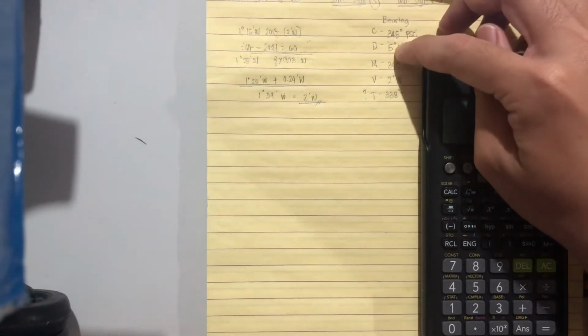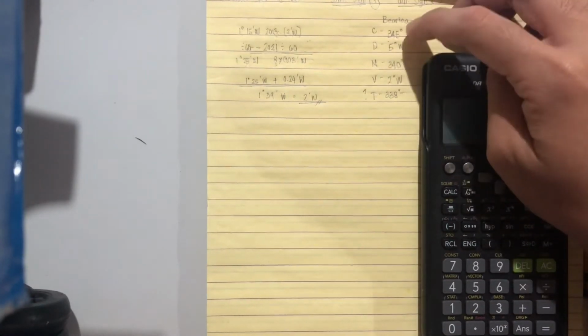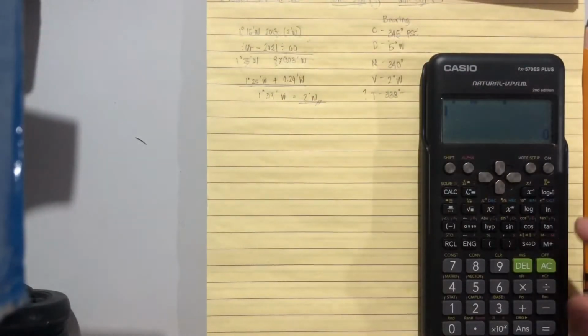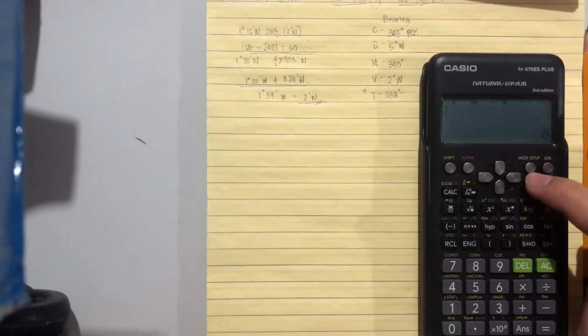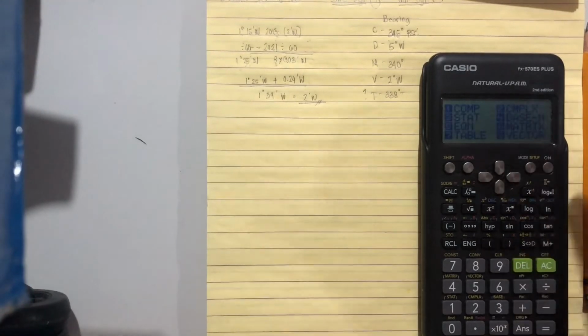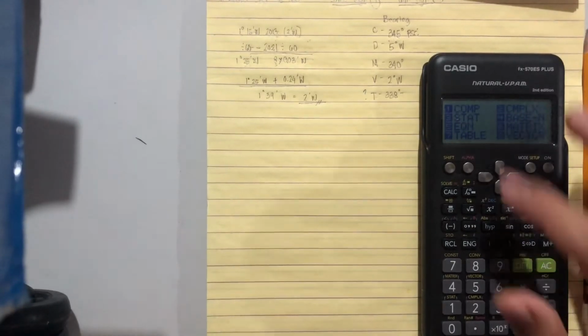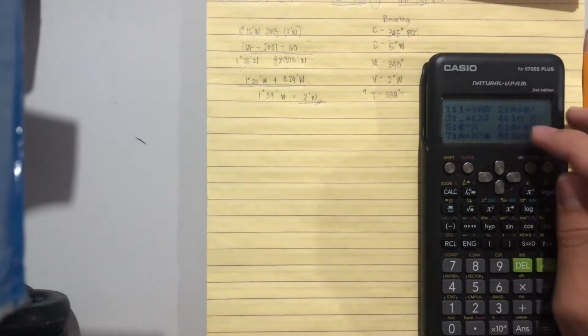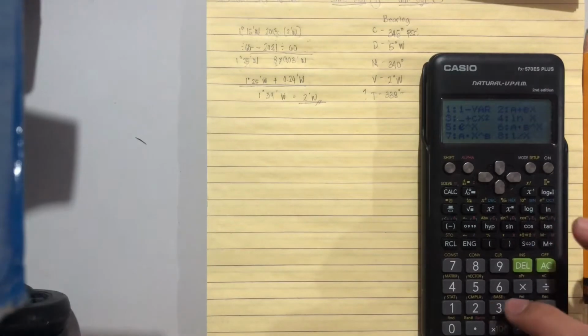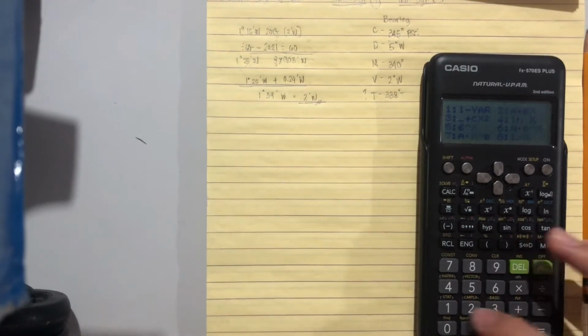The given bearing was 345 degrees, and the in-betweens are 336 and 355. In the calculator, you go to mode. For my calculator, I choose 3, which is stat, then 2, which is a plus bx.